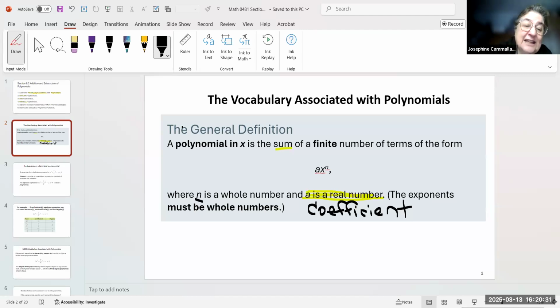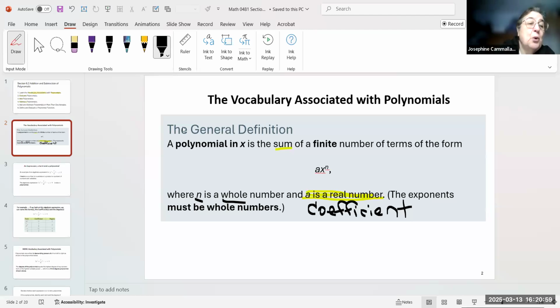And n, this is crucial, is a whole number exponent. Now, when you go on to 482, that n is going to become a fraction exponent. That means something totally different. So here, anytime you have a fraction, we're not going to consider it a polynomial.